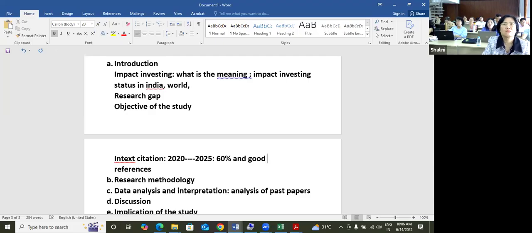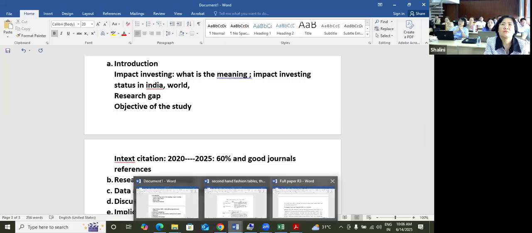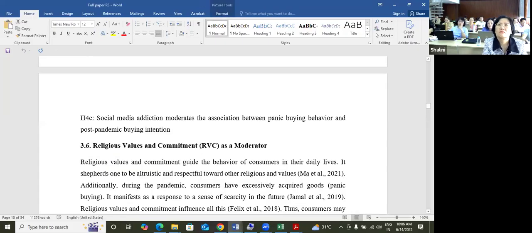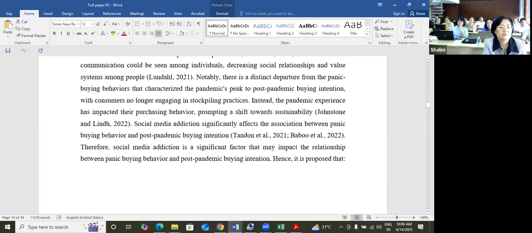So let me give you an example of what we did in this paper of ours. Everybody, please pay attention to this point. When I was writing this paper, my co-author, Ganesh Das, taught me this thing. This paper also got published in an A category journal.